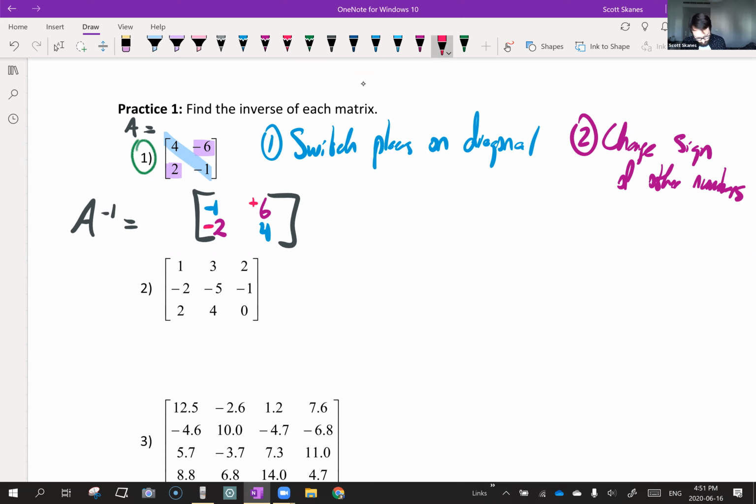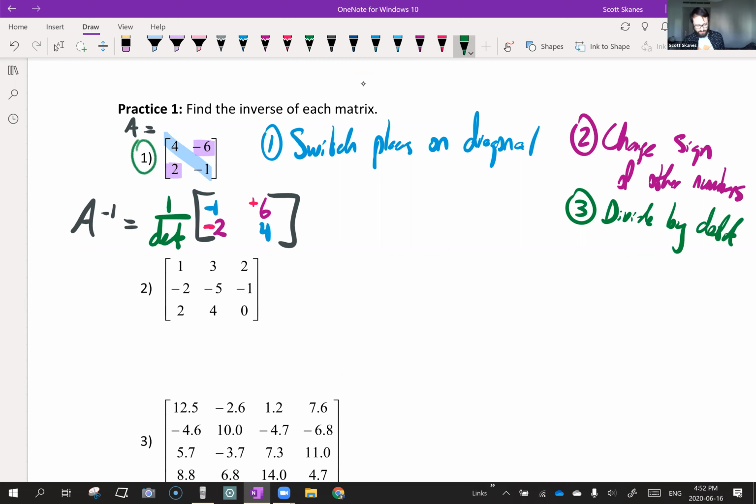Positive, negative. We've changed the signs of the other numbers. And the third step is to divide everything by the determinant of A.